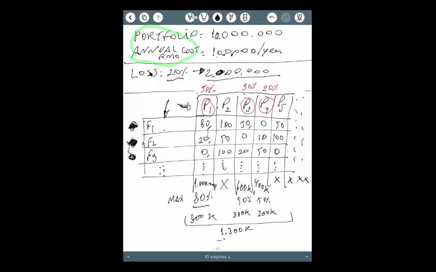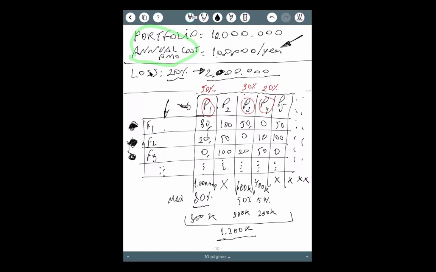And this number is the potential of recovery of losses of my PMO. So the loss that I potentially recover is 1,300. And this number is the number that I will compare with the annual cost of my PMO.